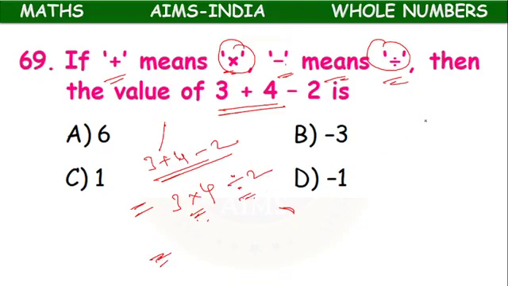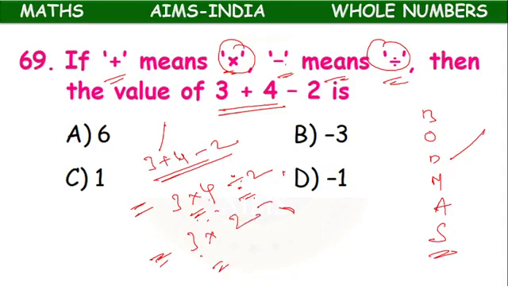Which one do we do first? According to the BODMAS rule, bracket, of, division, multiplication, addition, subtraction, so division is to be done first. 3 into 4 divided by 2, which is 2. 3 into 2 is 6. 6 is the correct answer. A option is the correct answer.